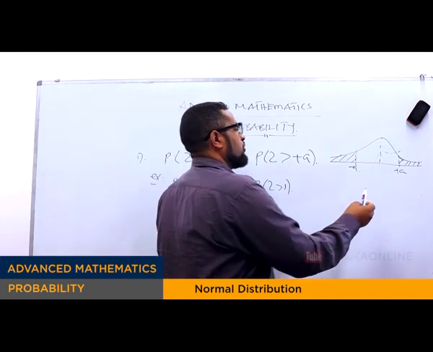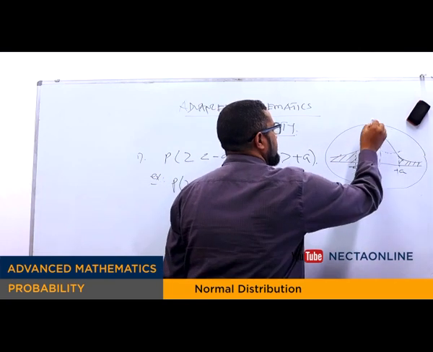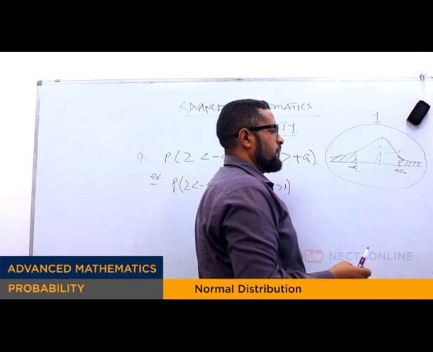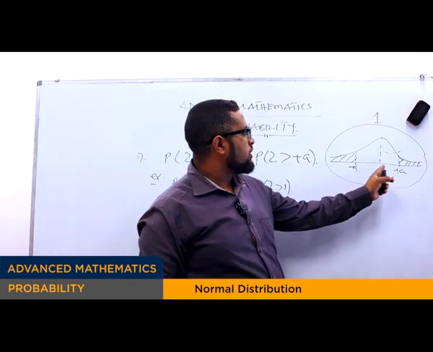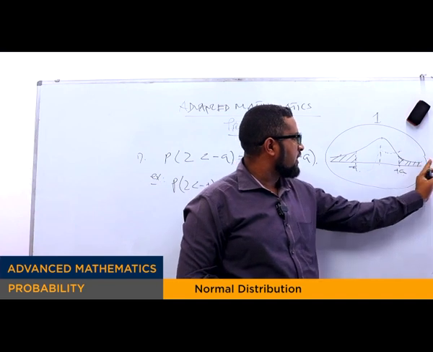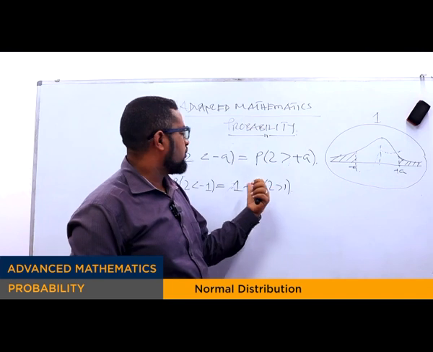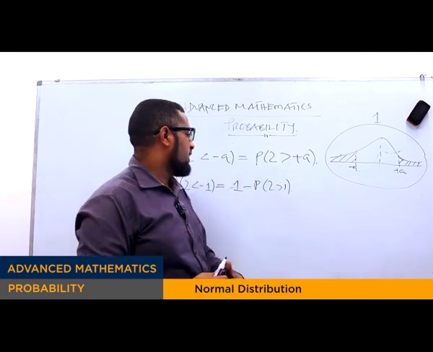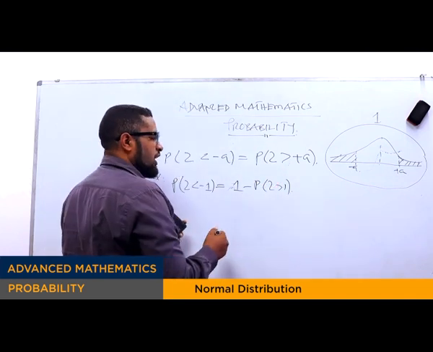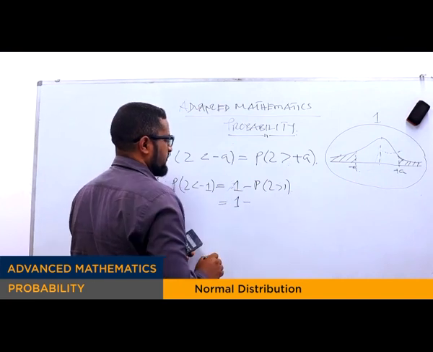Remember, the total area under the curve is 1. So when you subtract Z greater than 1, this area, you'll be able to obtain the one for less than negative 1. So here it is the same as taking 1 minus.